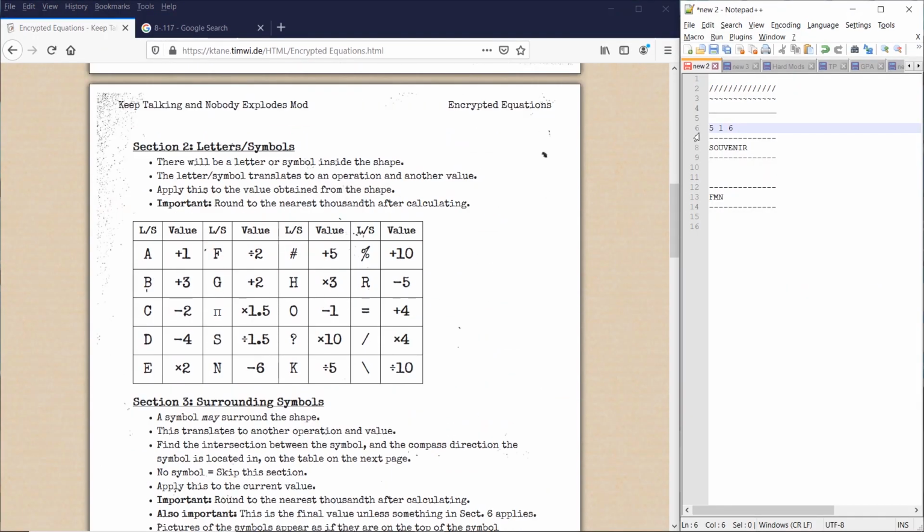The equals symbol is going to add 4 to our value, so this becomes 9, this becomes 5, and f is going to divide our value by 2. So this becomes 3.